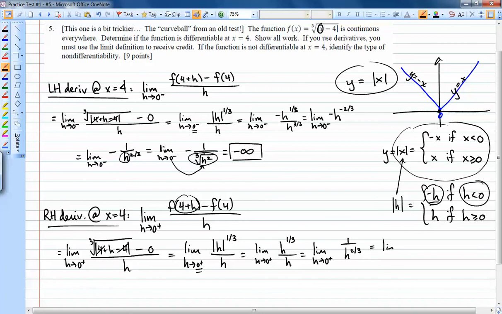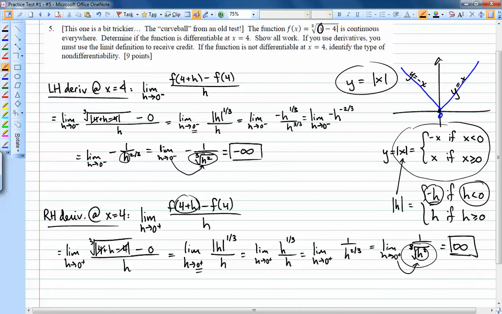There's a lot of writing. 1 over h squared, and then you take the cubic root. Well, if I plug in a positive 0 here, the positive side of 0, that's squared. It's still tiny. It's still close to 0. Then I take the cubic root. Now it's even closer to 0. And 1 over a number that's very, very small is like infinity.